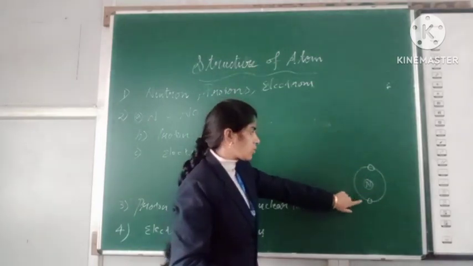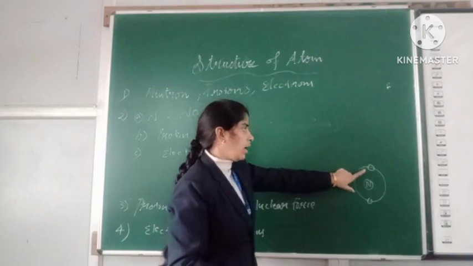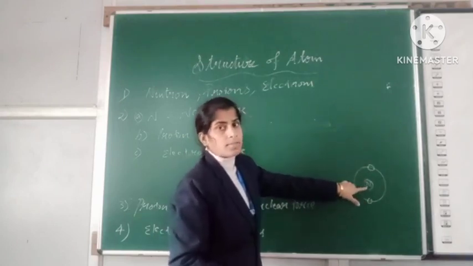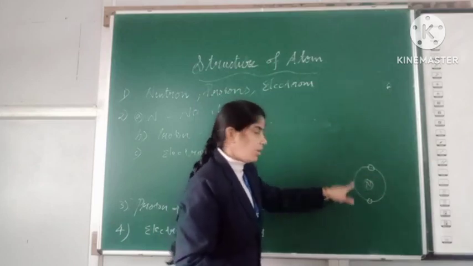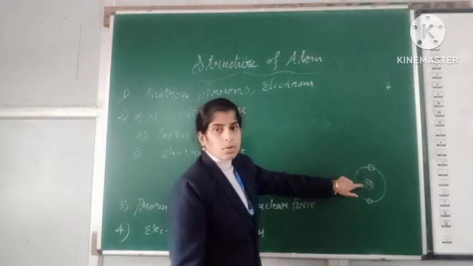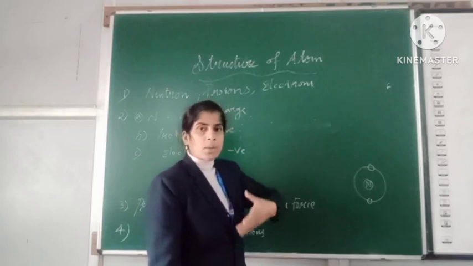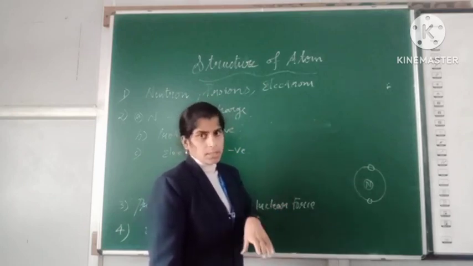You know that the electrons have very little charge. That's why they just revolve around the nucleus. They have the attractive force, so because of this, they revolve around the nucleus. Just like I said about our solar system, you know that the sun is a nucleus, and all other planets revolve around the nucleus, that is the sun.